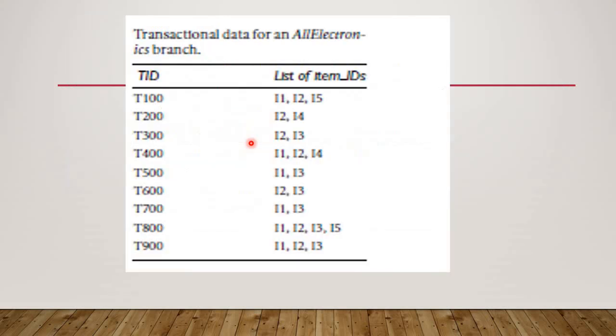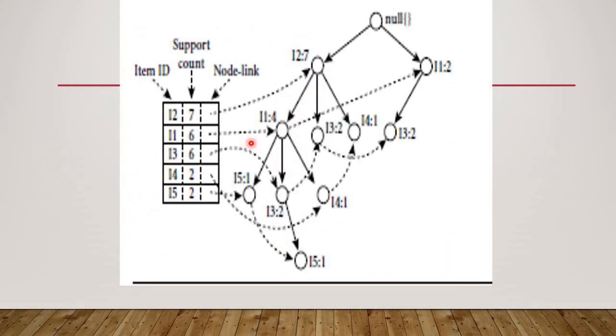Now let me consider the first case. What if a tree has only a single path? Now let me imagine my tree had only a single path. Then I start finding the patterns from the bottommost node, because if I start from the bottommost node, I will get the maximal pattern. So I start from the bottommost node.